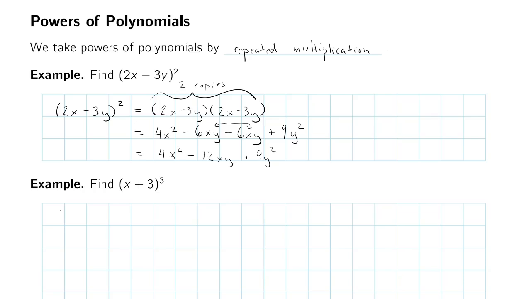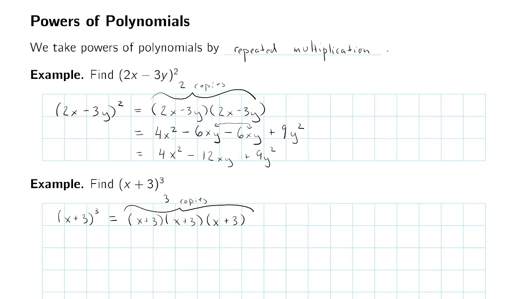If we want to take, for example, x plus 3 to the third, well, that's just x plus 3 times another x plus 3 times a third x plus 3. This is the third power, so we have 3 copies. And now we're multiplying 3 binomials.